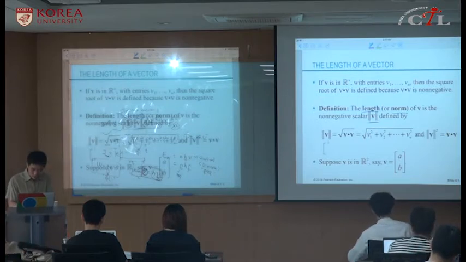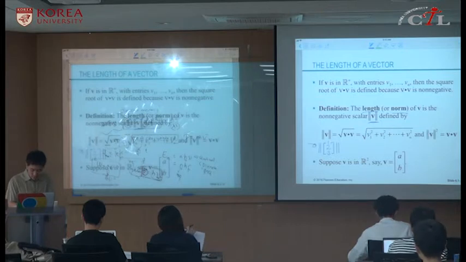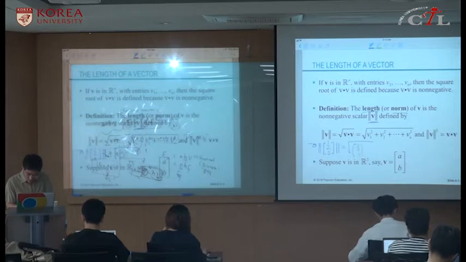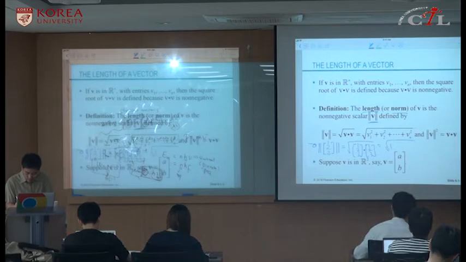The norm, or length, of this vector is represented by a double bar on the left and the right. That is the same as 1, 2, 3 with 1, 2, 3, which is 1 squared plus 2 squared plus 3 squared, right?